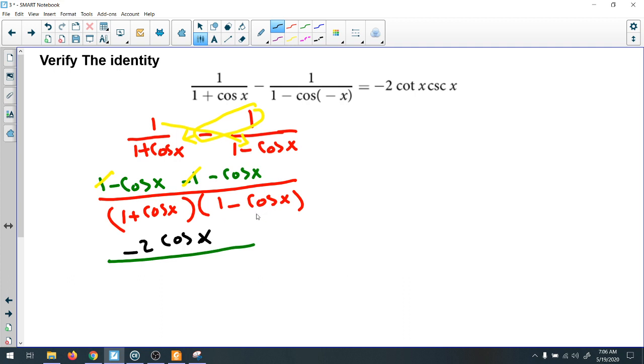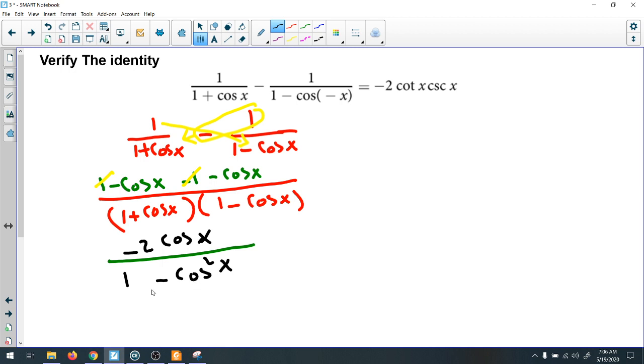Remember the difference of two squares. You multiply 1 times 1 is 1, and cosine times negative cosine is negative cosine squared. No middle term, because positive cosine times 1 and negative cosine times 1 cancel each other.